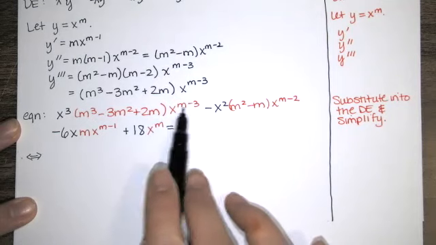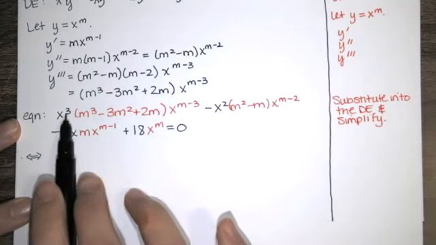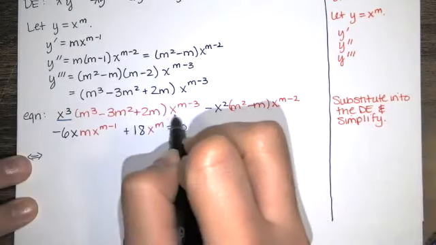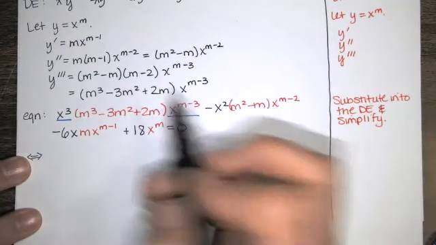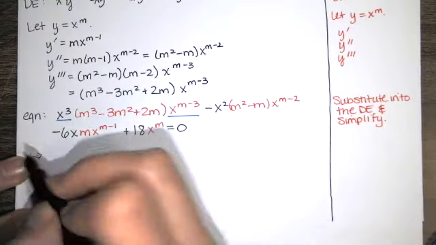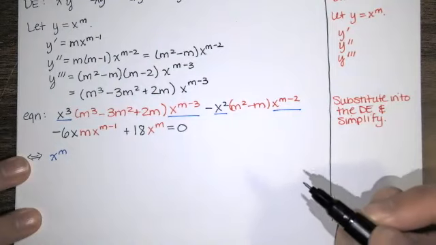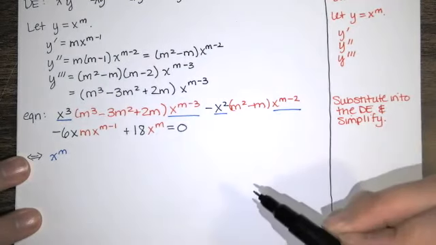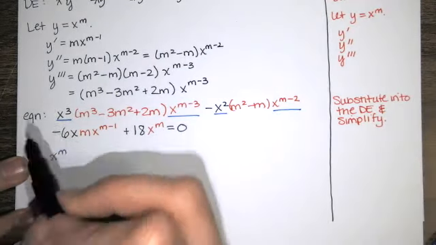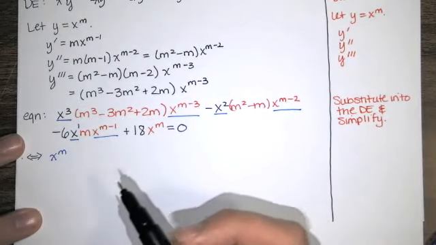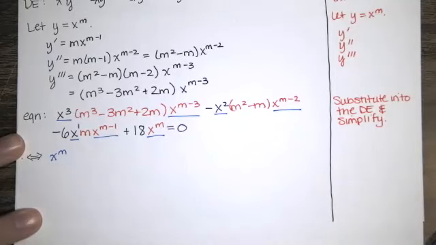Now x cubed times x to the m minus 3, remember when you're multiplying powers of x together, you add the exponents. That's going to give me an x to the m. And this x squared times x to the m minus 2, when I add those exponents, I get x to the m as well. There's an x to the first and an x to the m minus 1. We add those exponents, that's an x to the m, and then we have an x to the m over here.